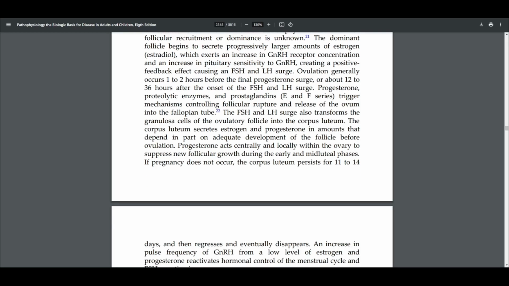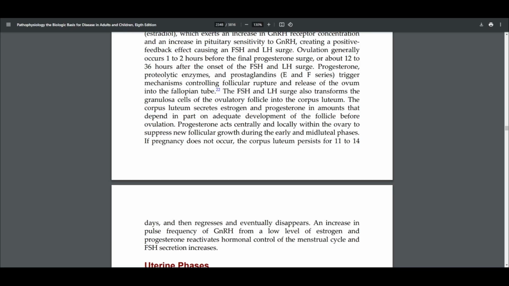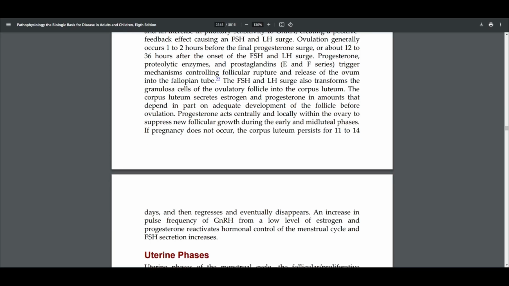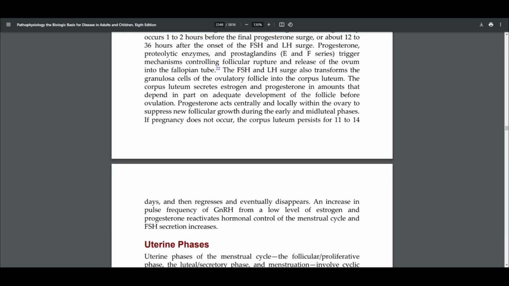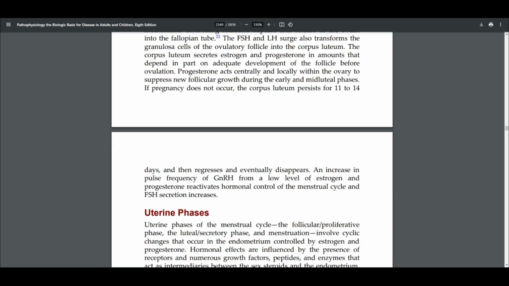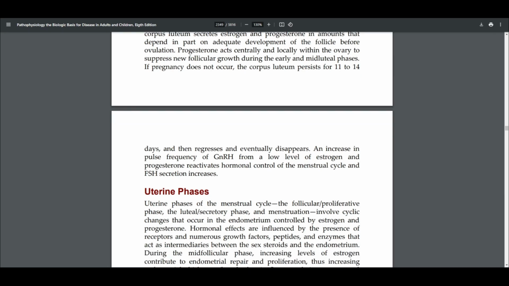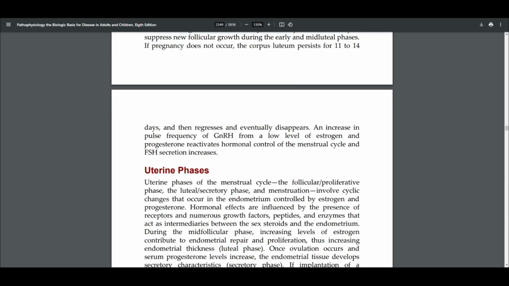If pregnancy does not occur, the corpus luteum persists for 11 to 14 days, and then regresses and eventually disappears. An increase in pulse frequency of GnRH from a low level of estrogen and progesterone reactivates hormonal control of the menstrual cycle and FSH secretion increases.